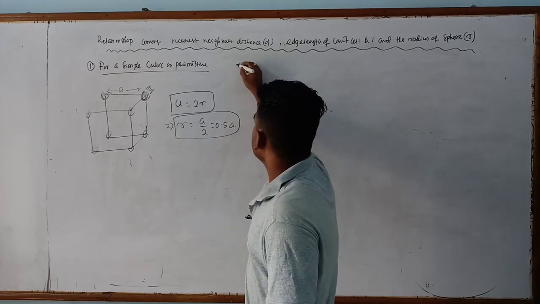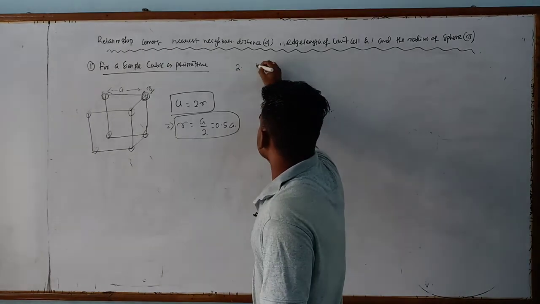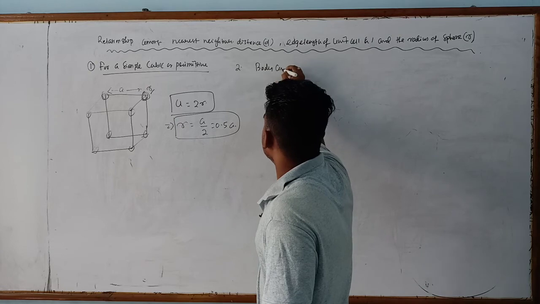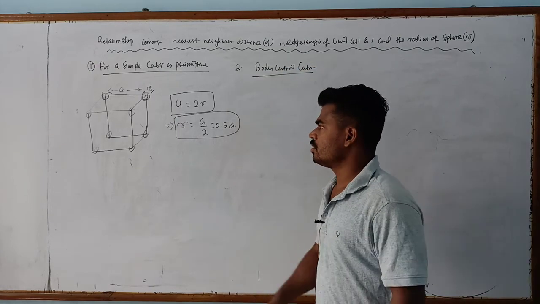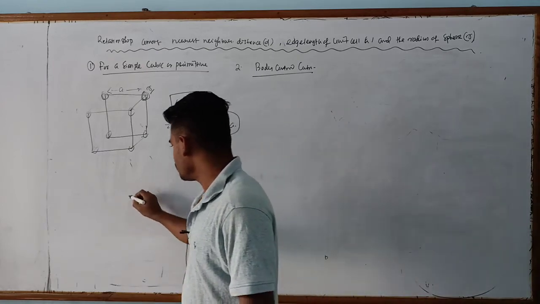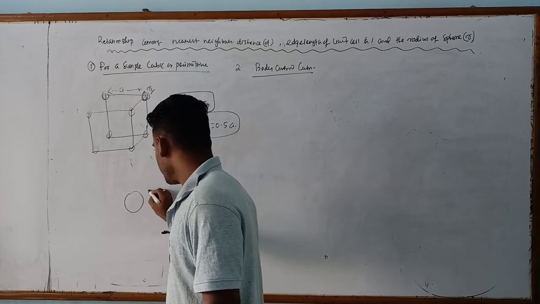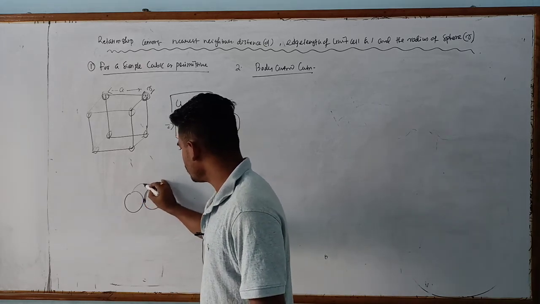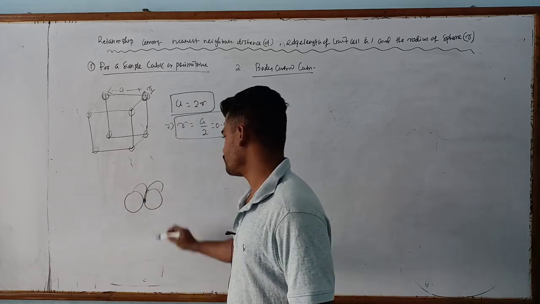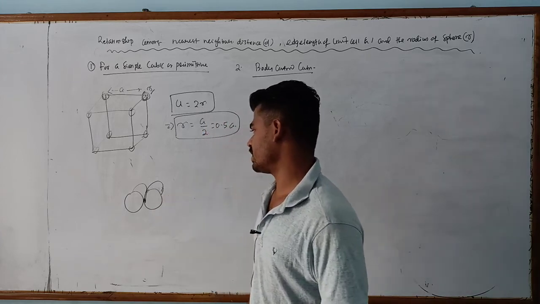Then the second one is for a BCC, body centered cubic unit cell. So you just imagine, suppose these are two spheres, and just below these are four spheres, three dimensional. Try to understand.